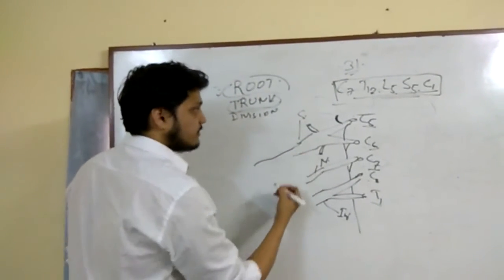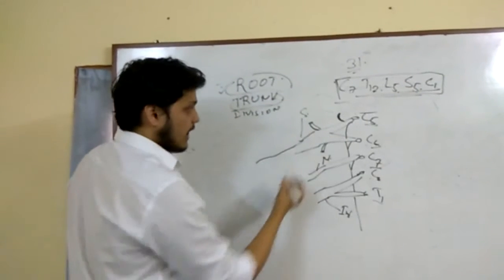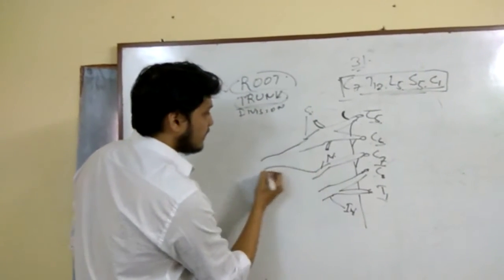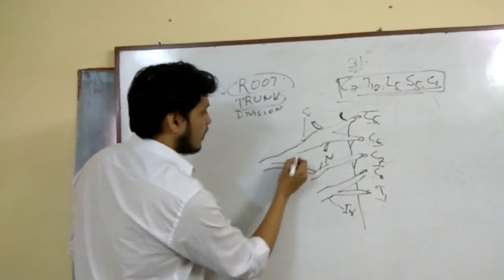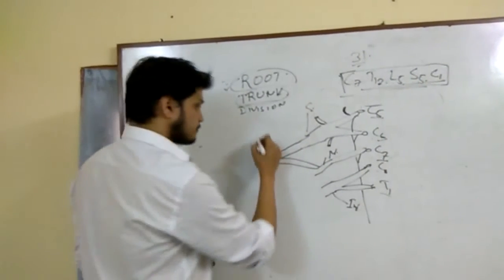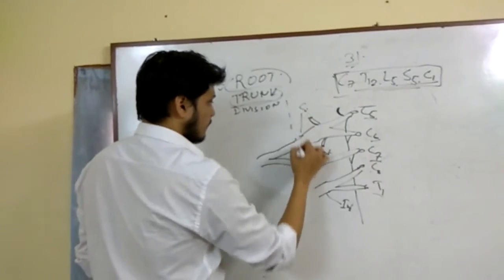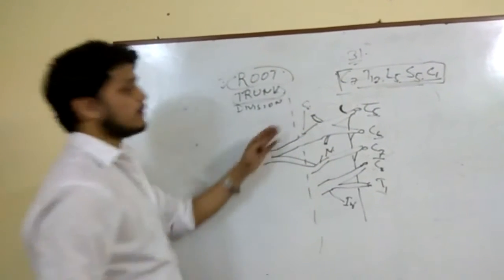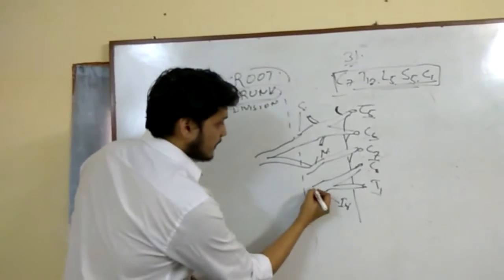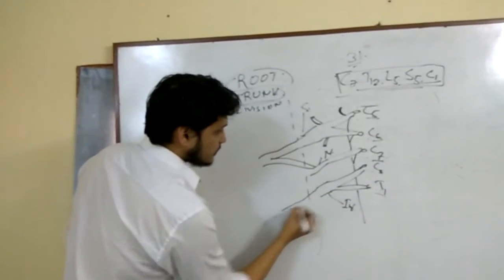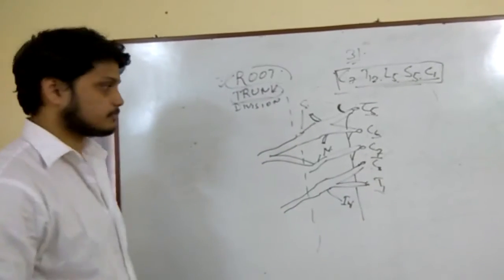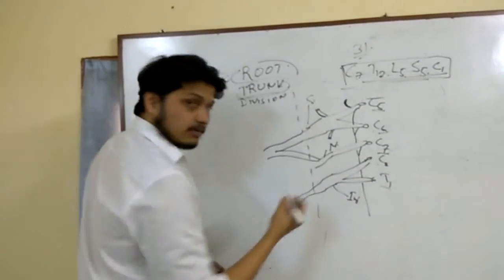So the anterior division of the superior trunk and the anterior division of the middle trunk will give my upper division. Now, the lower division will be given by the anterior division of the inferior trunk.